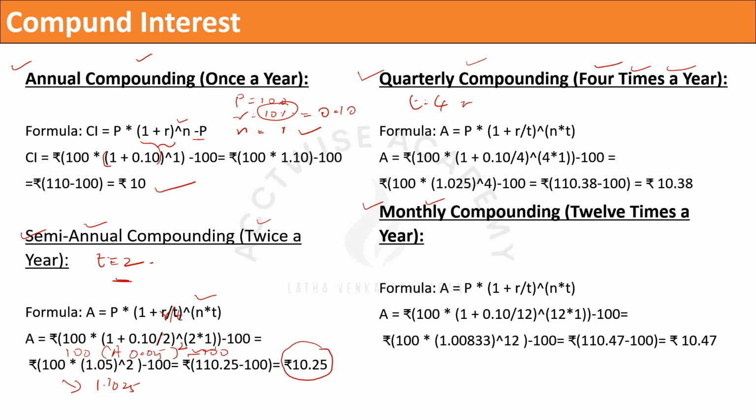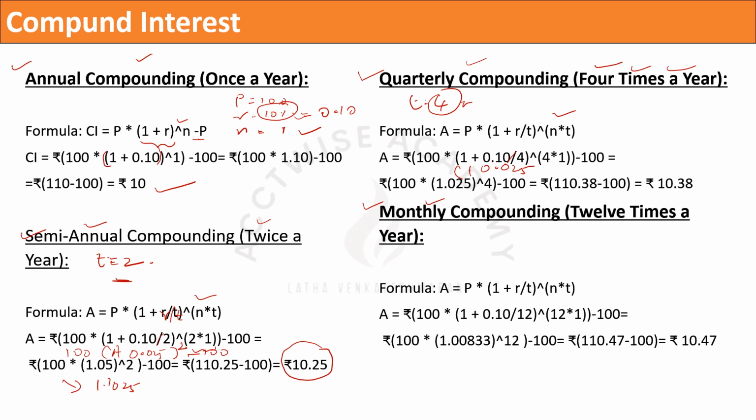We have to divide R by T, so 0.1 divided by 4, and multiply n by T. N is 1, T is 4, so the power is 4 into 1, which is 4. 0.1 divided by 4 is 0.025, plus 1 comes to 1.025.